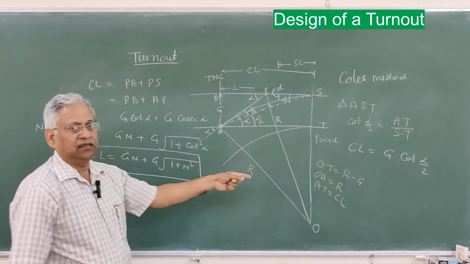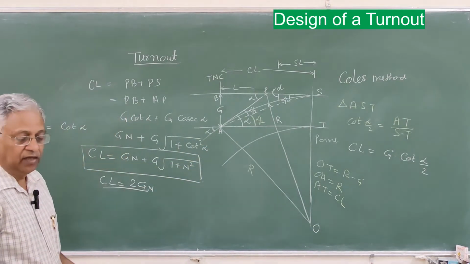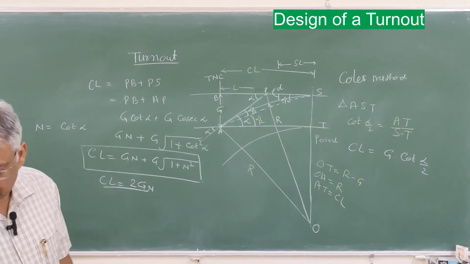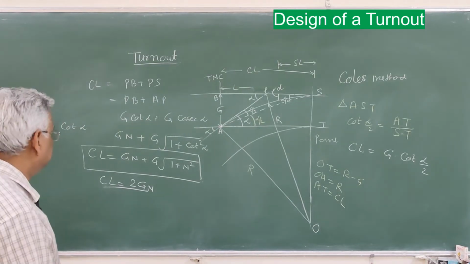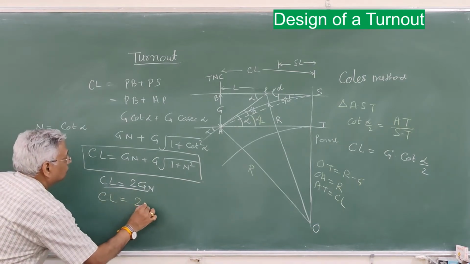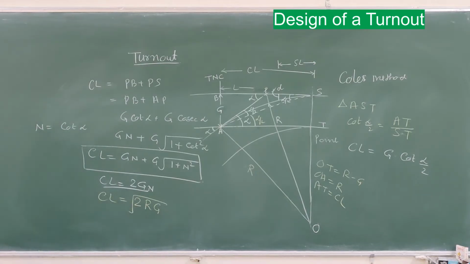You take the right angle triangle here, and you can find out the value of CL. CL will be in that case approximately equal to square root of 2RG.